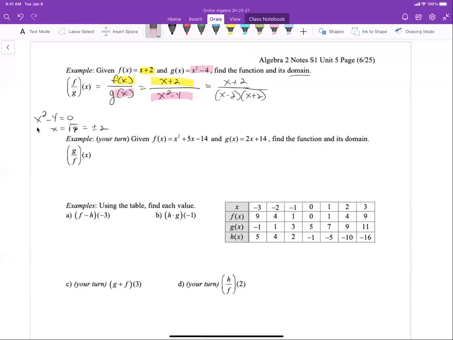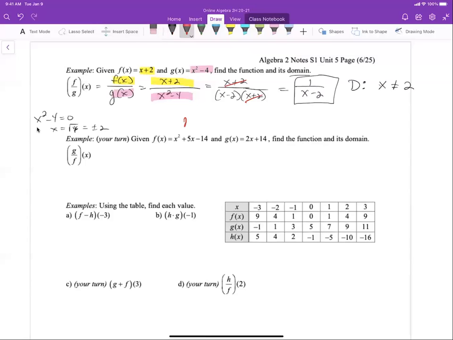But here's the key. This will simplify, and it will simplify to 1 over x minus 2. So this is the answer. And so you might say to yourself that the domain is the x value cannot equal, if I focus on this part, 2. You would be wrong, okay?